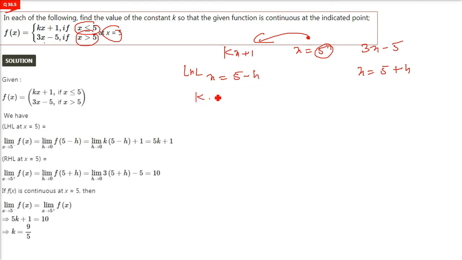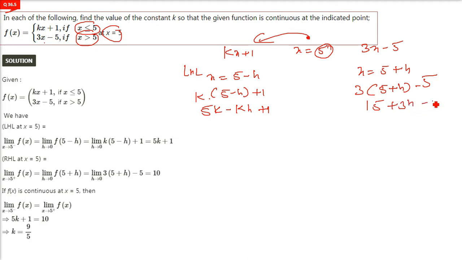So k into, in place of x, write 5 minus h plus 1, and here 3 into, in place of x, write 5 plus h minus 5. It is 5k minus kh plus 1. Here you have 15 plus 3h minus 5. Now you can apply the limit here.